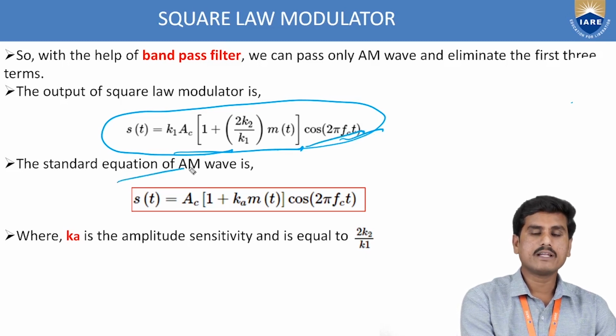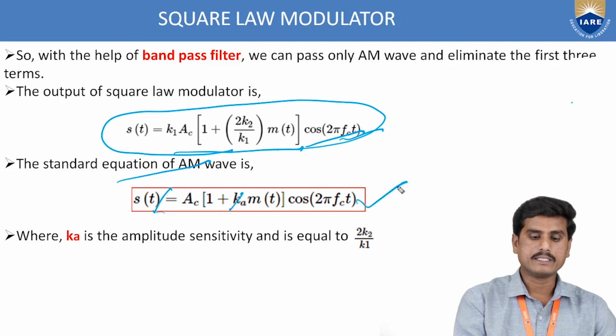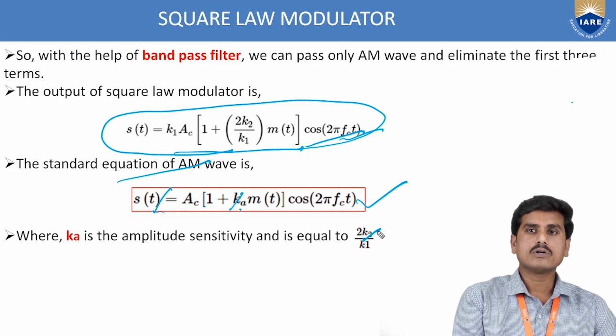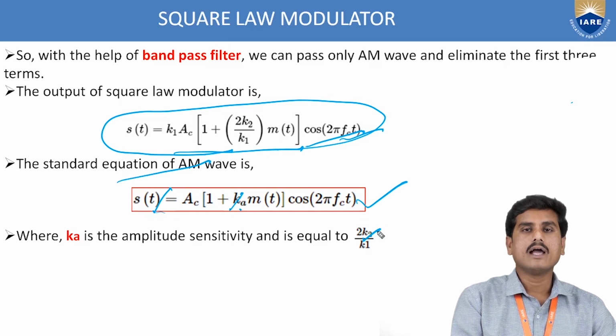The standard equation of an AM wave is S of t equal to Ac into 1 plus Ka m of t into cos 2 pi fc t. Here Ka is the amplitude sensitivity factor, that is nothing but 2K2 by K1. So this is the required equation of amplitude modulation.